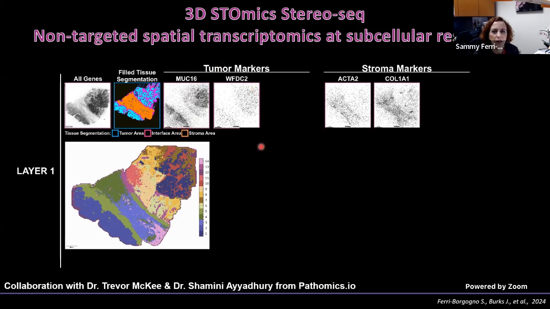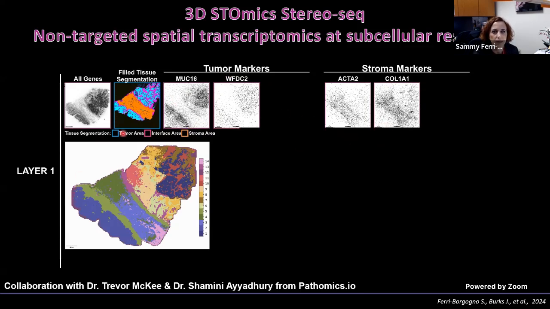So over here, we just represented canonical tumor and stroma markers for ovarian cancer, like MUC16 and WFDC2, which are overexpressed in the tumor areas. And for the stroma, we chose alpha SMA and collagen that mainly are expressed in the middle stroma area. But honestly, I was not really impressed by the expression of these markers and their correlation with the different tissue sections.